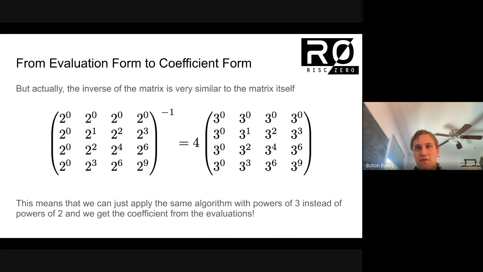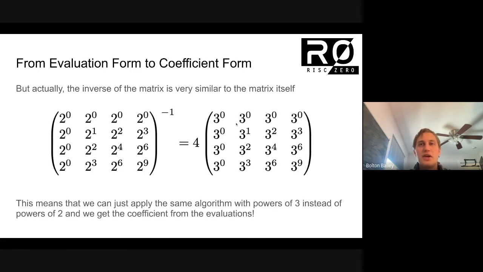But the stunning realization is that because these matrices are so similar, I can just apply the same algorithm, but with powers of 3 instead of powers of 2, and that would give me the coefficients out of the evaluations. So it's fascinating that this Fourier analysis problem, the forward problem, is the same in some sense as the backward problem. You're just doing it with a slightly different generator.